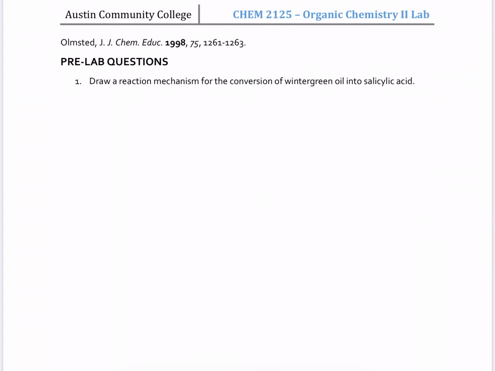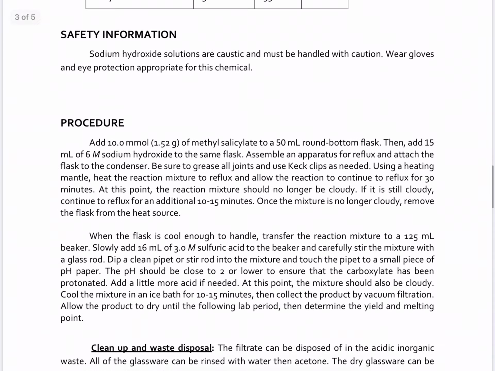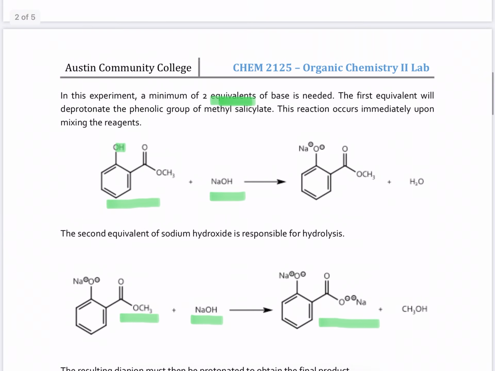Pre-lab questions. Draw a reaction mechanism for the conversion of wintergreen oil into salicylic acid. Now you need to know how to do the mechanism, and we are doing this under basic condition, and this is our wintergreen oil. It has an alcohol functional group, and also an ester functional group.